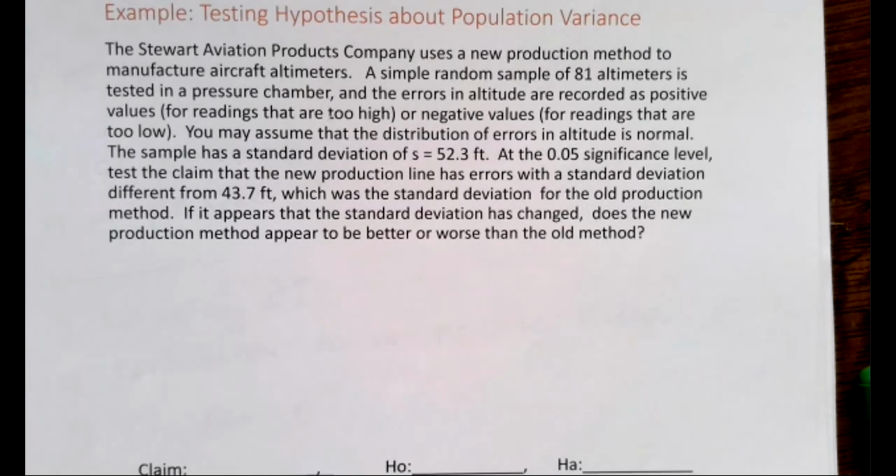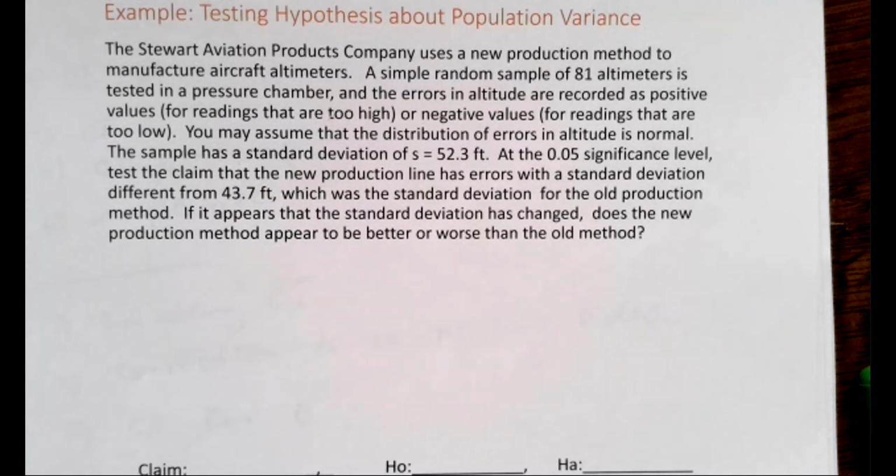So here's our problem. It says the Stewart Aviation Products Company uses a new production method to manufacture aircraft altimeters. A simple random sample of 81 altimeters is tested in a pressure chamber, and the errors in altitude are recorded as positive values for the readings that are too high or negative values for the readings that are too low.